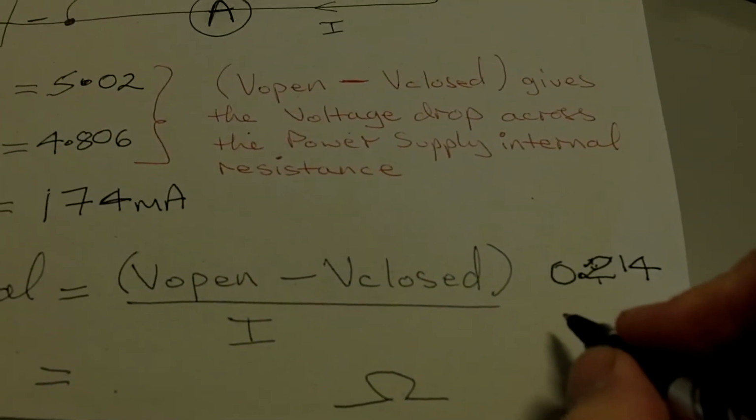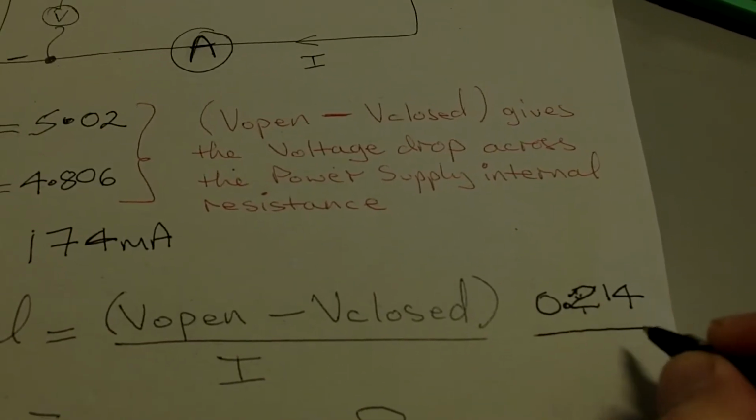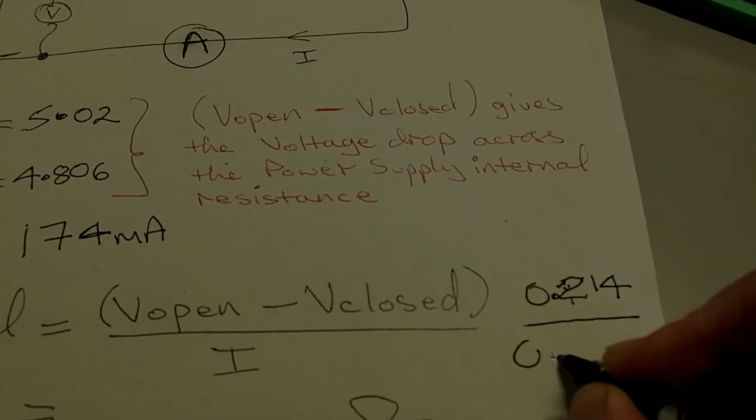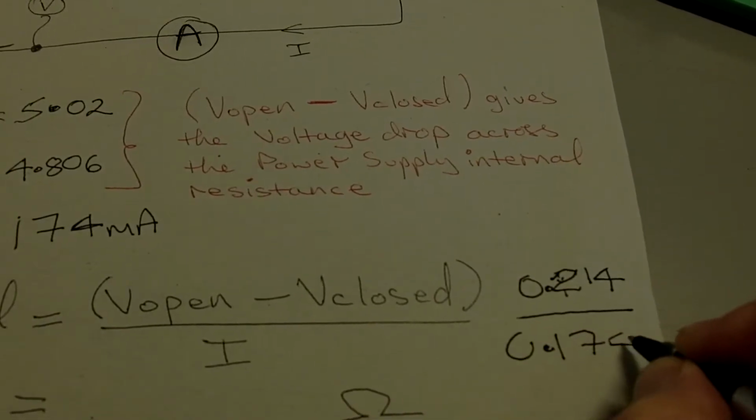So when we do our calculation, we're going to take 0.214, and divide it by 0.174 because it needs to be in amps.